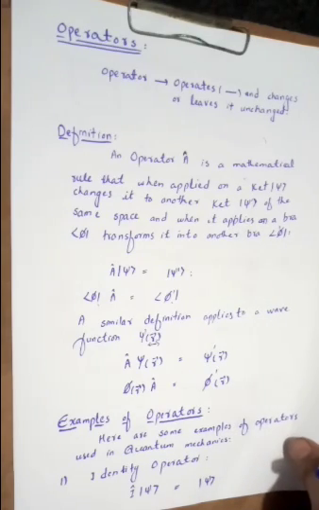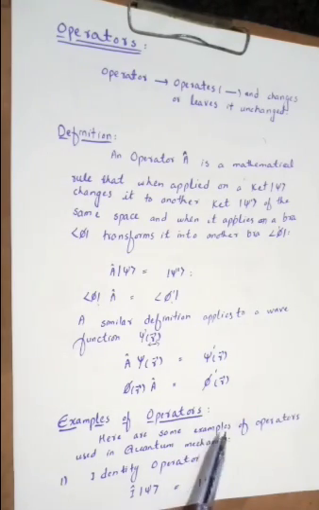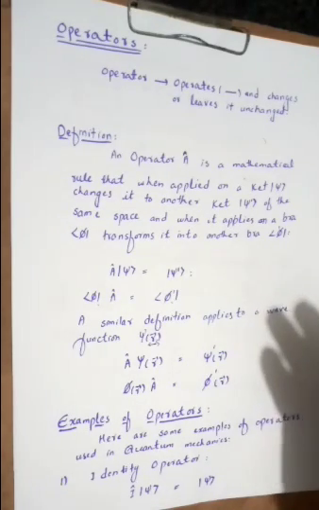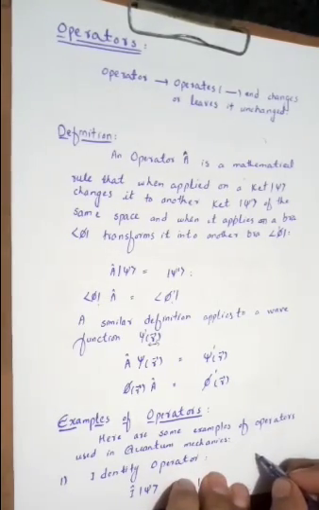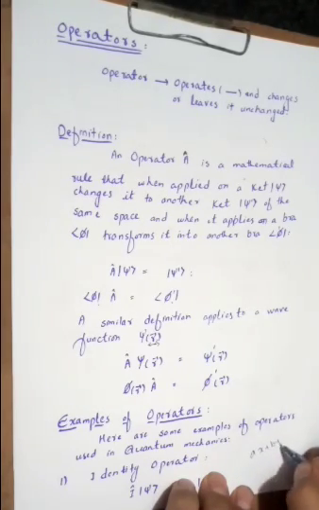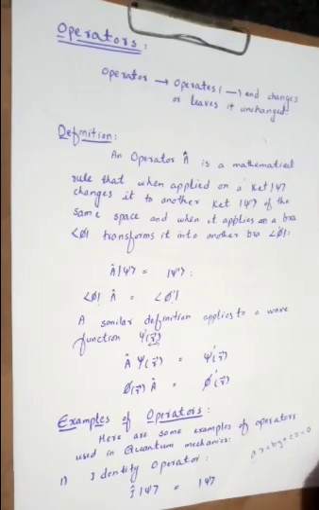Now we will discuss some examples of the operators that we study in quantum mechanics. Here are some examples of operators. The first one is the most obvious case. As we know, in case of an algebraic equation, ax plus by plus cz is equal to, for example, 0, this equation has many solutions, but it also has an obvious solution.